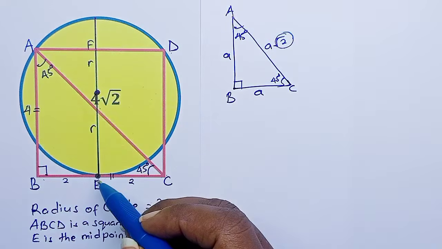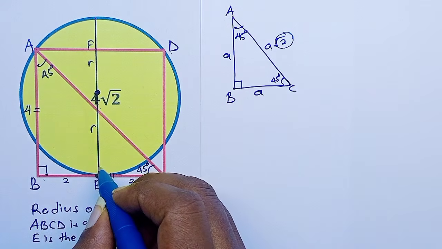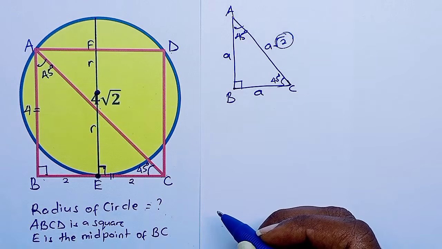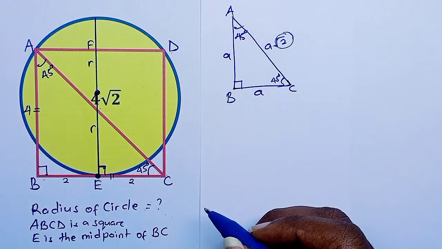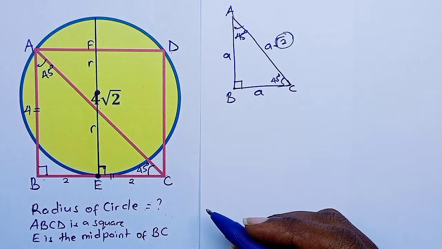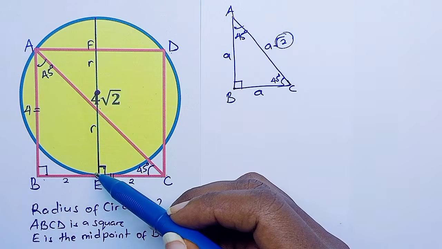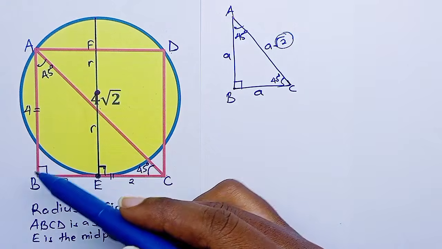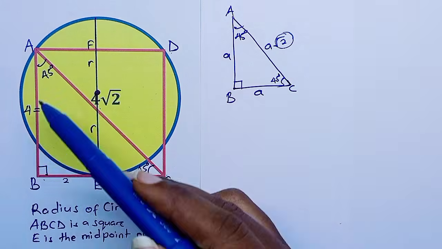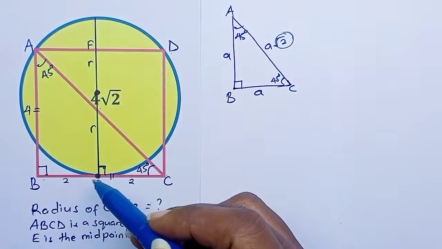Now since this is the radius and this is the tangent, this angle is obviously 90 degrees due to the tangent to a circle theorem, where the radius and tangent form an angle of 90 degrees. So this line EF is parallel to this line BA. So we come up with the rectangle BAFE.